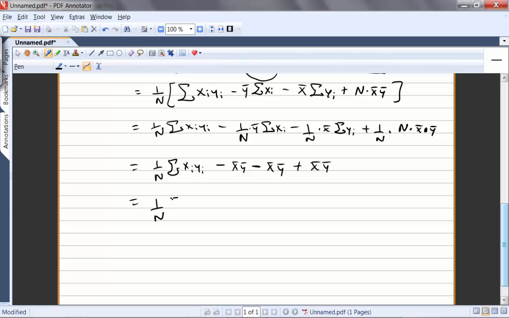Excuse me. So now we have minus x bar y bar minus x bar y bar. That's minus 2 x bar y bar plus x bar y bar. That just leaves a minus x bar y bar. And then we can take it a couple more steps here. X bar is 1 over n times the sum of the x's, multiplied by y bar, which is 1 over n times the sum of the y's.